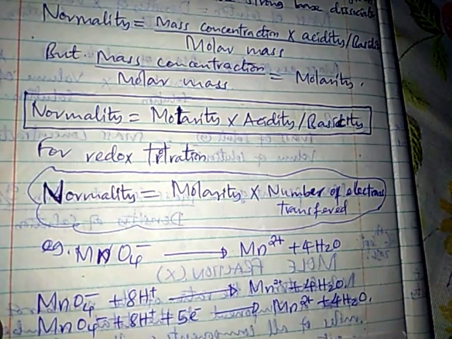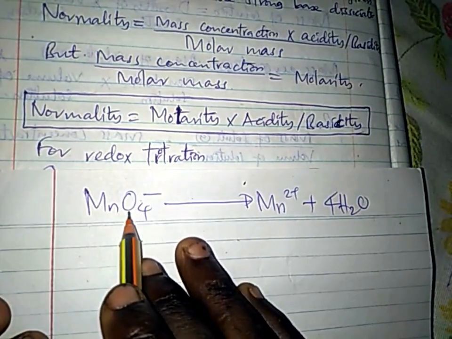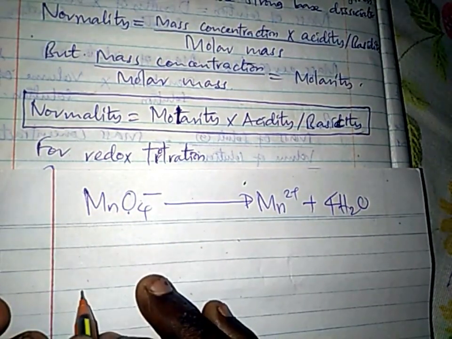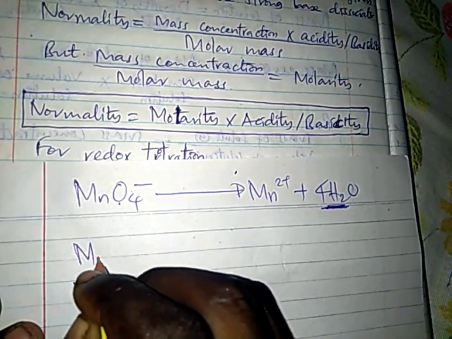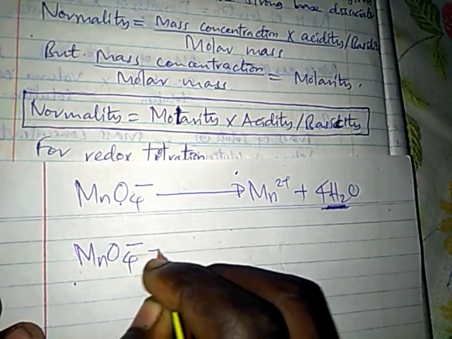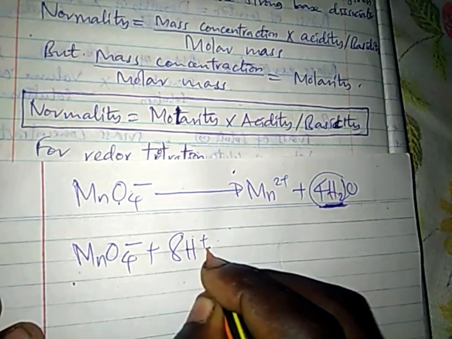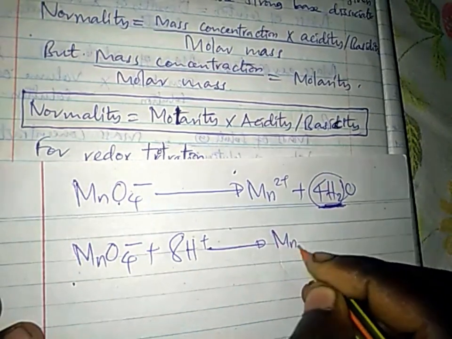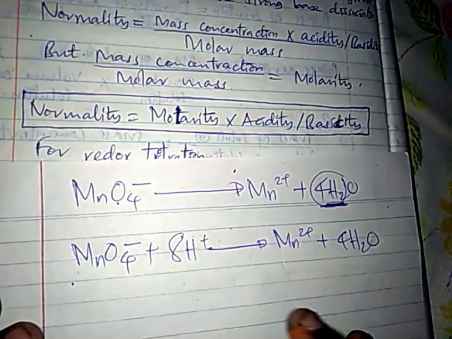Kwenye kubalance hapo kwanza una add hydrogen zibalance na za huku. So tutakuwa na manganese O4 negative plus, hapa hydrogen ni ngapi? Ni 8 hydrogen ions. Tunaenda kupata nini? Manganese 2 positive plus 4 H2O.